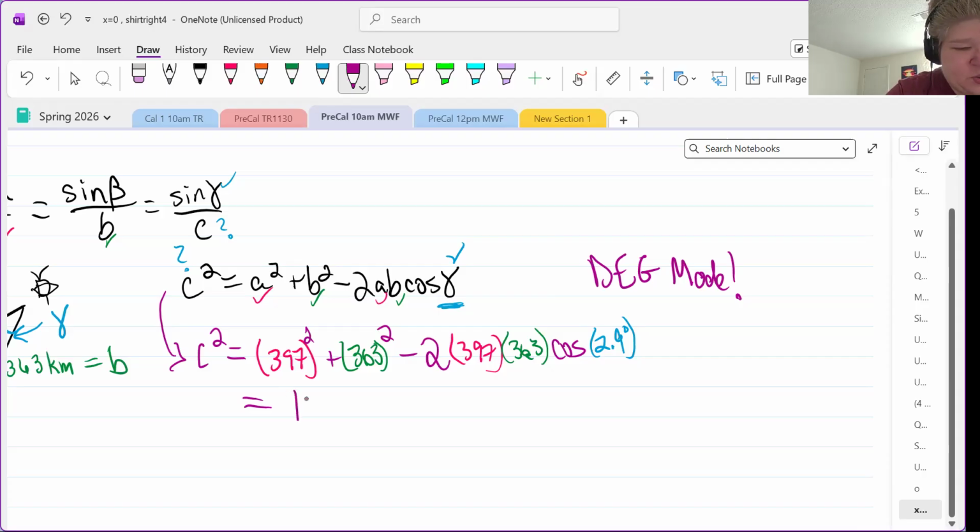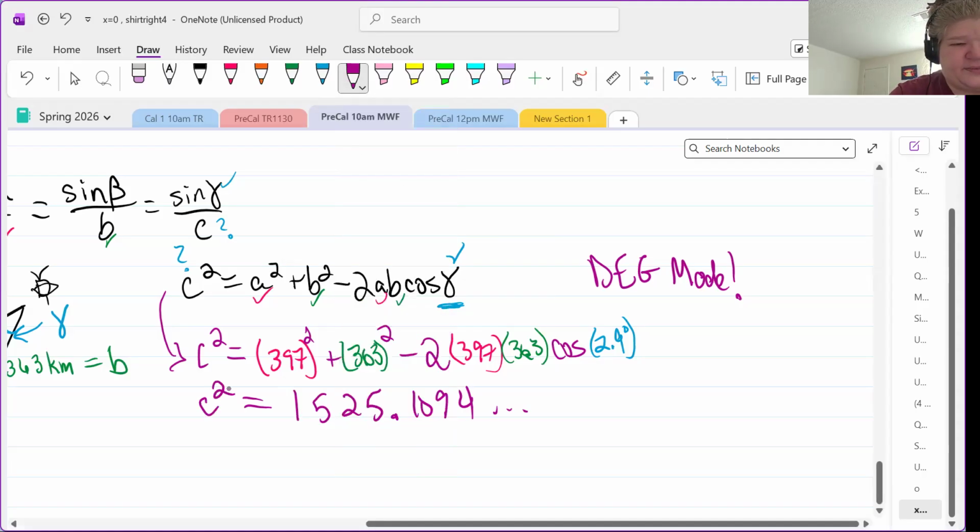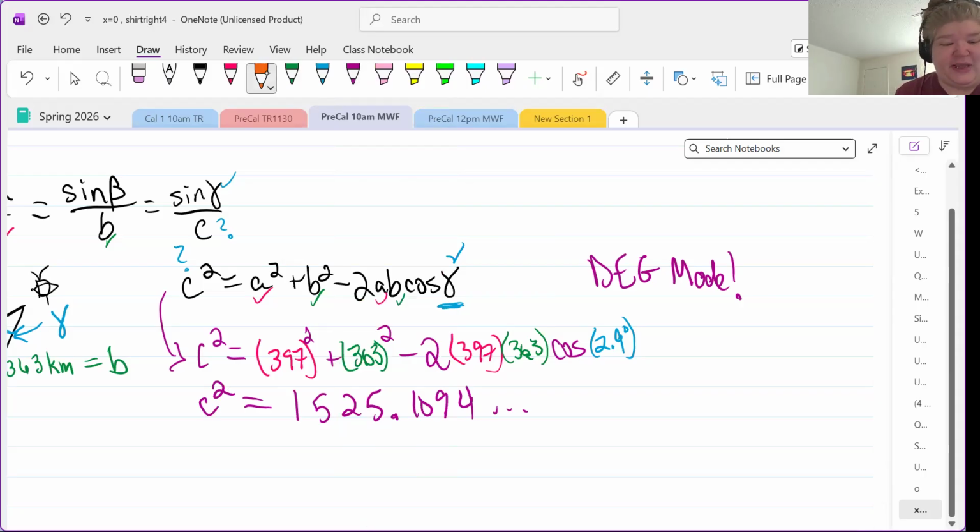And this spits out 1,525.1094, blah, blah, blah. And that will be one of the answer choices, because this one is multiple choice. But that is not the correct answer. That is what c squared equals.